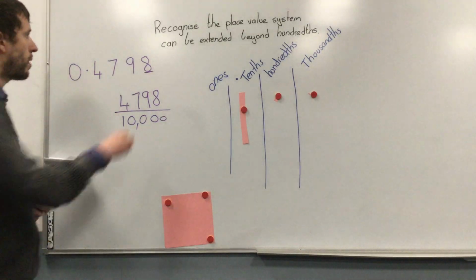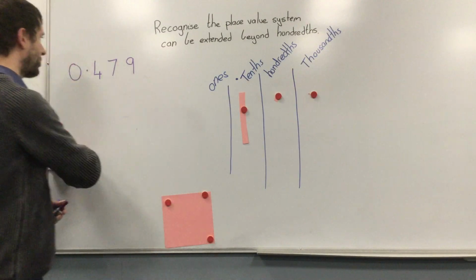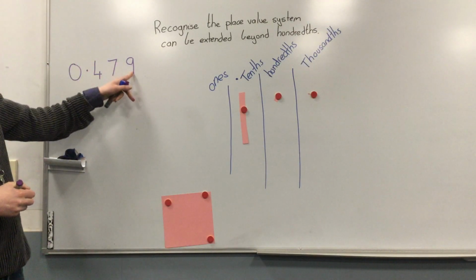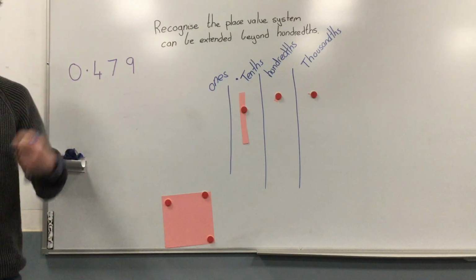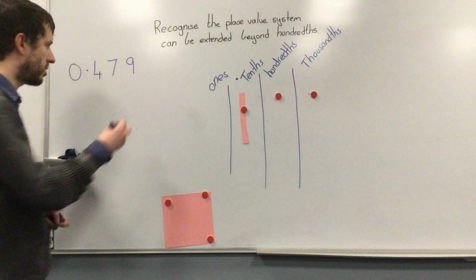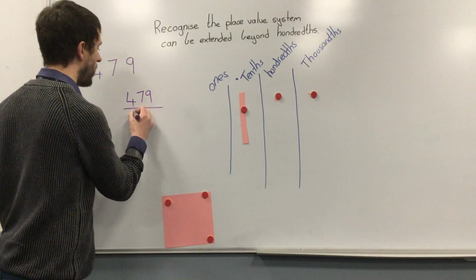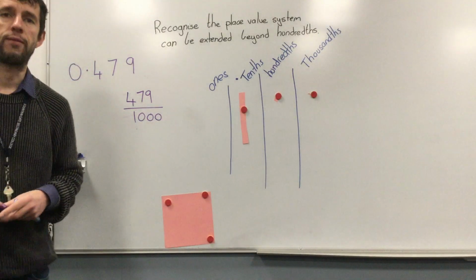If I change my number slightly and get 0.479, I look at the 9 column and that is thousandths. So I know I've got 479 thousandths. So 479 over 1,000. So I am able to write them as a fraction.